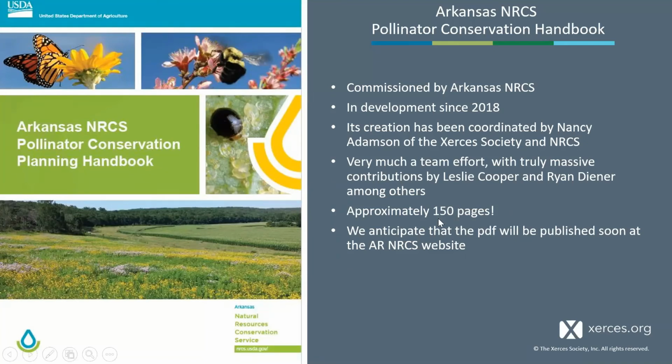This document has got to be the most complete document on pollinator conservation ever developed for the state of Arkansas. I would be shocked if there's something more all-inclusive than this. We anticipate that the PDF of this document will be published soon at the Arkansas NRCS website. Leslie probably has a better idea of when than I do.